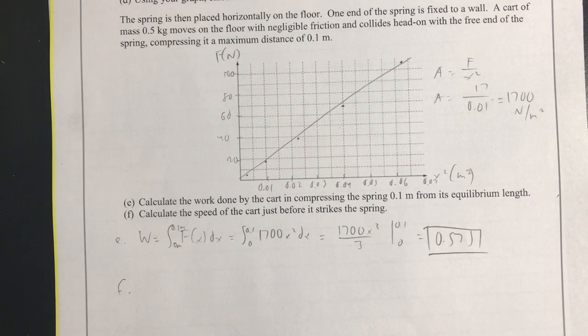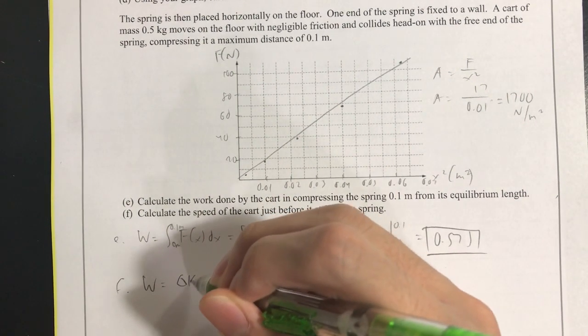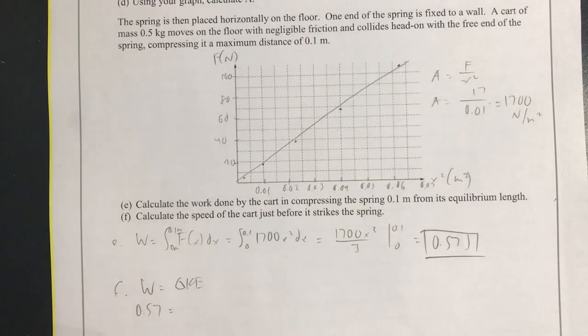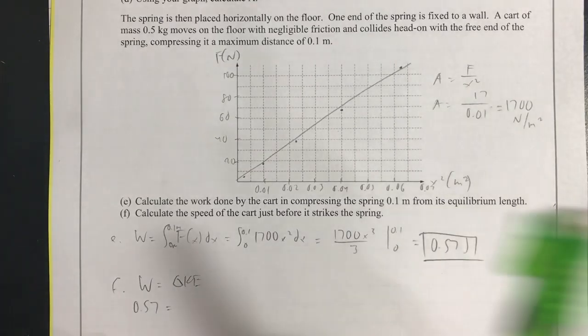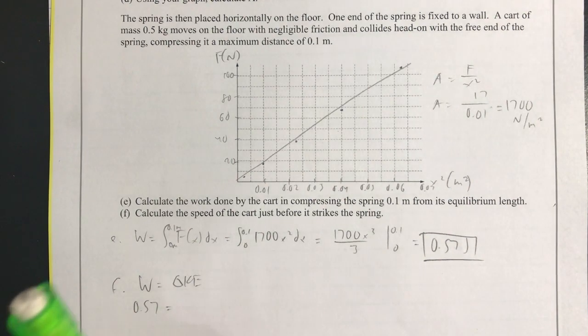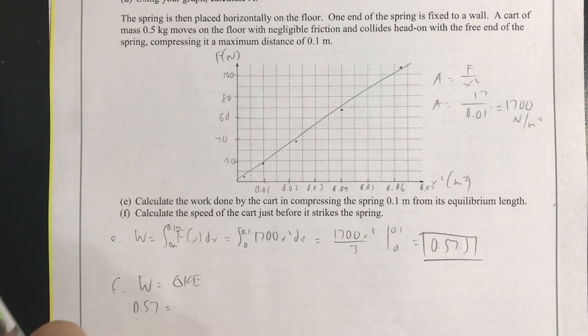And part F, lastly, is calculate the speed of the car just before it strikes the spring. So, what I'm going to do is, work equals change in kinetic energy. Our work is 0.57. And I'm going to go from when the block hits the maximum compression of the spring as our initial, and it will bounce back to just before it touches the spring, final.